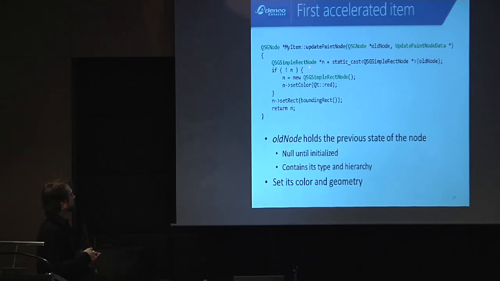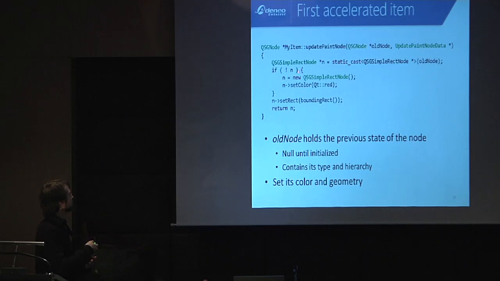So we try to retrieve, for example, a simple rect node, a class made by guys from Gigi actually, to make your life easier. That's like a pre-made node that will display a rectangle.